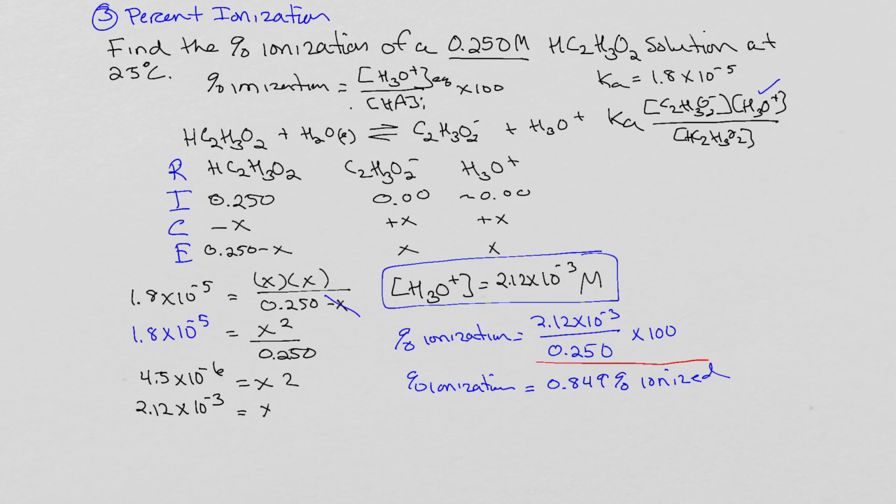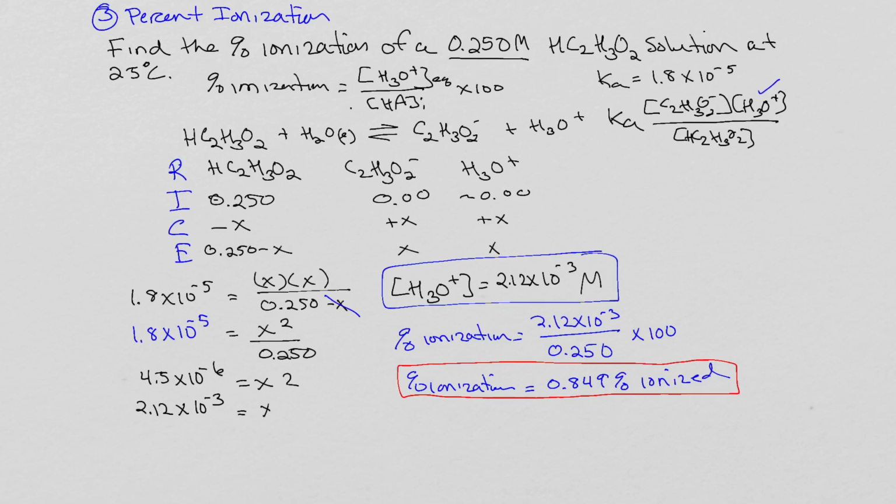Now, you might be noticing that I didn't check to see if the approximation was valid. But one thing I'll point out is, calculating the percent ionization, notice that it's the same calculation we do to check the approximation. It is our x value, because hydronium is simply equal to x, divided by our initial concentration times 100. So if we were to check the approximation, we'd be doing the same calculation, and clearly this is well under 5%.